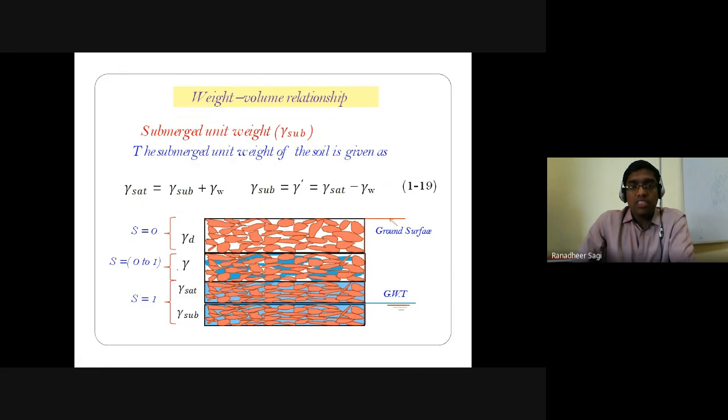And having seen how we represent your dry unit weight or saturated unit weight, in a similar way, we also represent what is called your bulk unit weight, which we have seen in our previous slides.